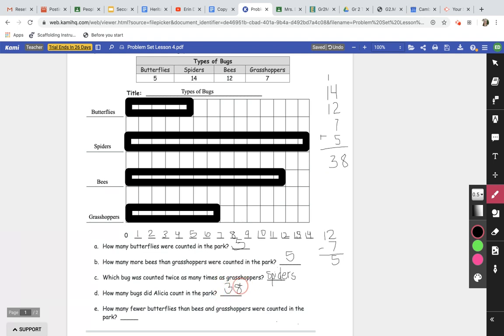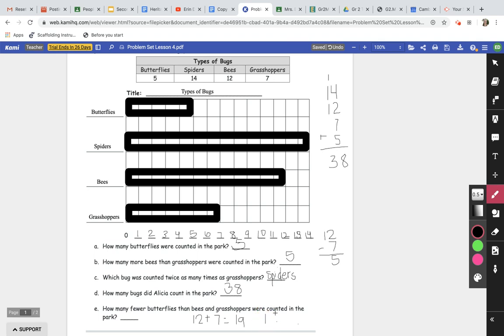Okay, and last it says, how many fewer butterflies than bees and grasshoppers were counted in the park? Well, let's see. Bees, we had 12. Grasshoppers, we had 7. We need to add those 2 together in order to do this problem. It's a 2-step problem. So if I say 12 plus 7, I get 19. Now it's asking me to find the difference between the bees and grasshoppers and butterflies.